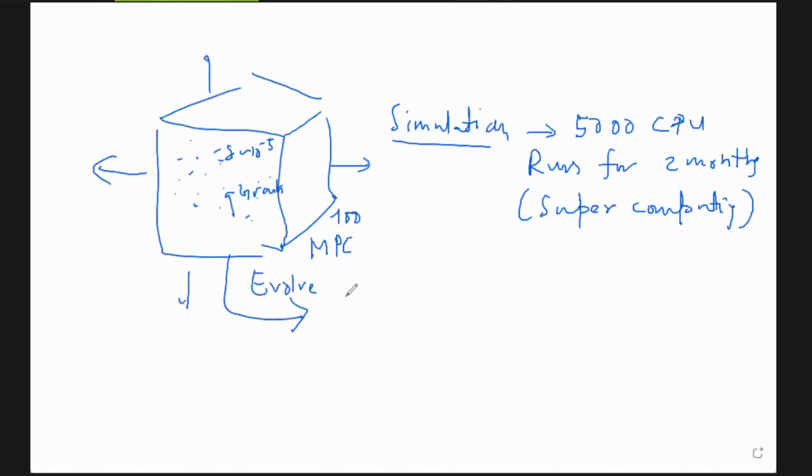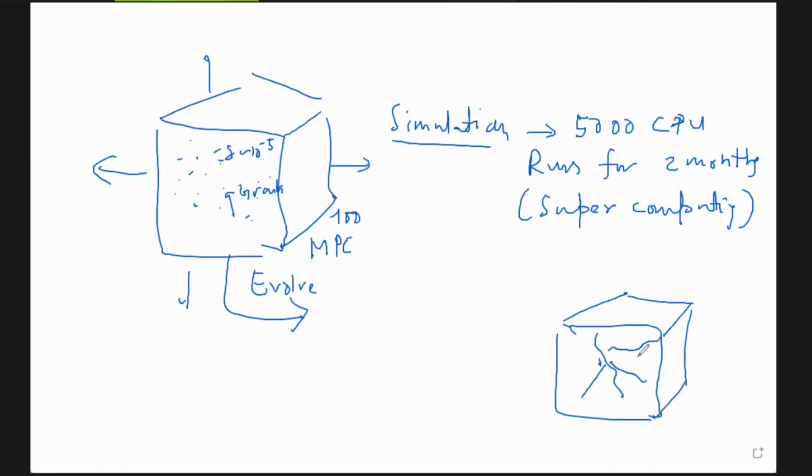Then you run the supercomputing and see whether at present time you can produce that filamentary structure. You can produce the galaxy clusters as well as the galaxies inside. It is amazing that even with this simulation, we are able to locate our Milky Way galaxy, which formed after 8 billion years or something like that.